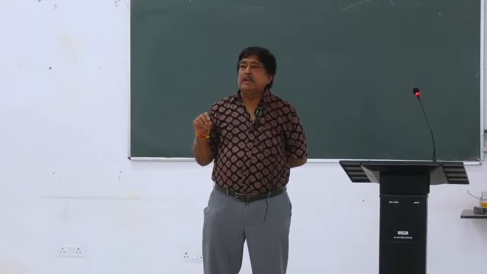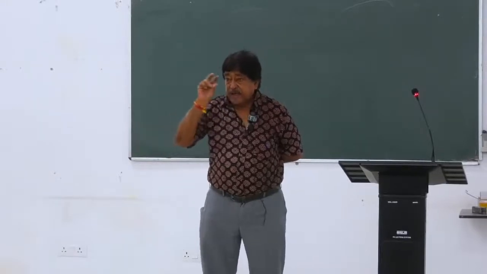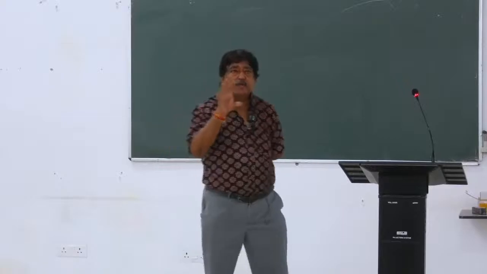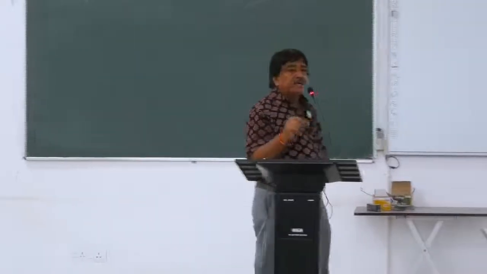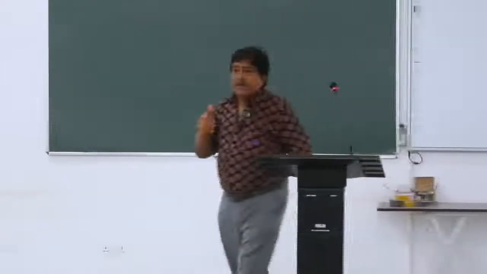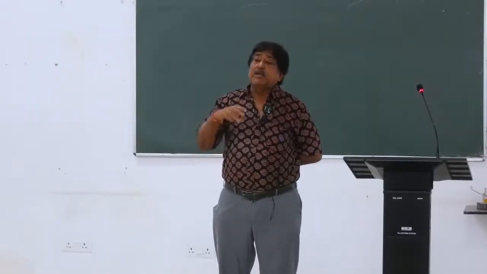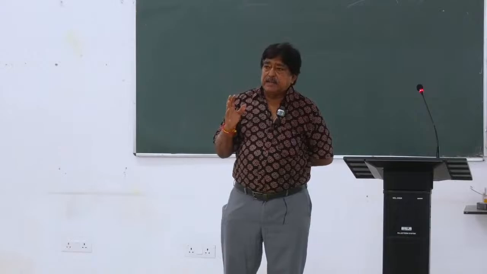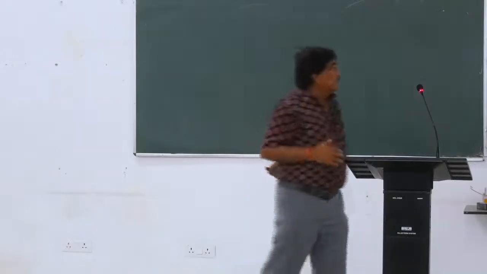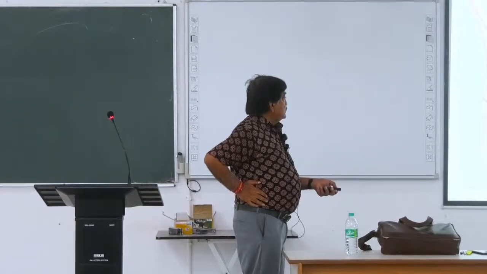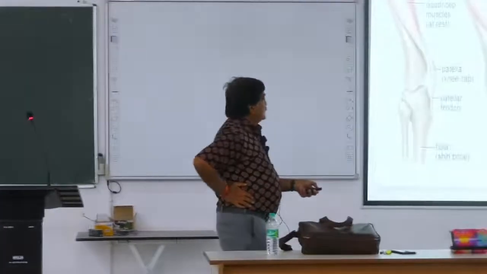Depending on the fragments, how many pieces there are, you have to decide. You will wire it, or you just put a simple wire, or you excise it. So this is the thing, and this is the pisiform.